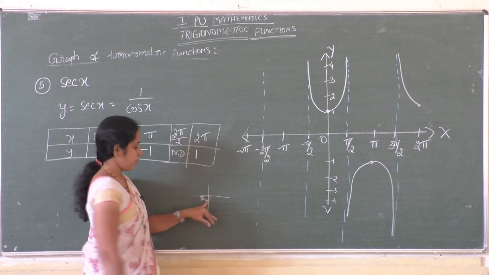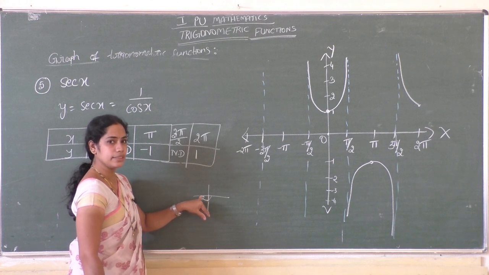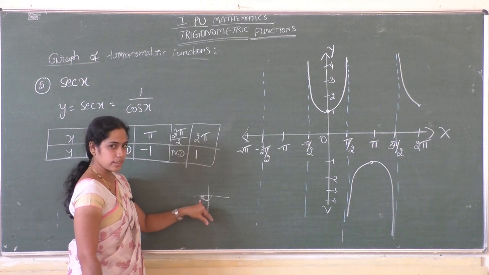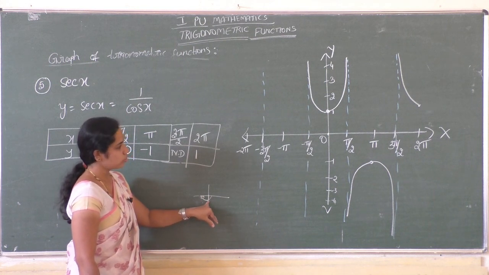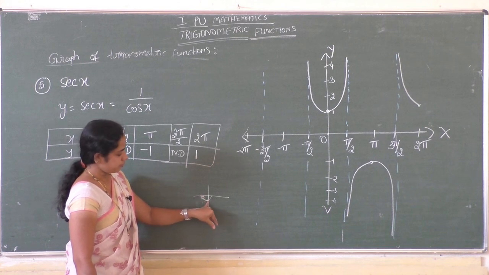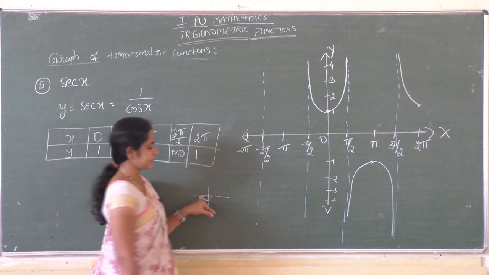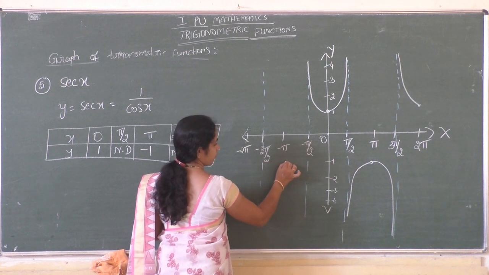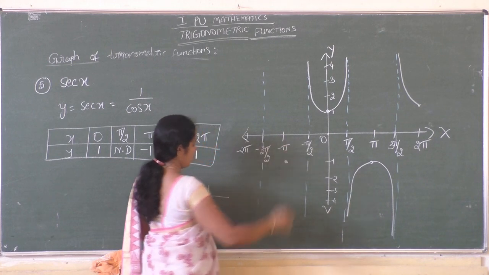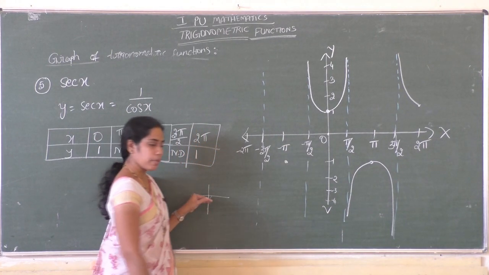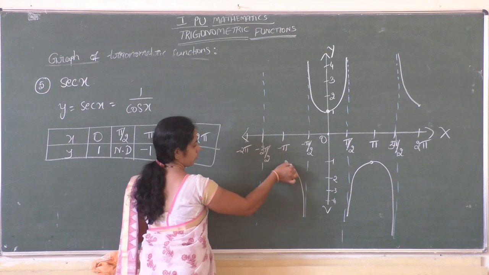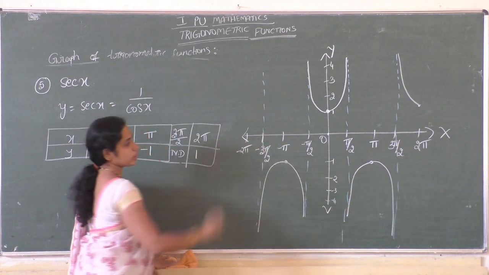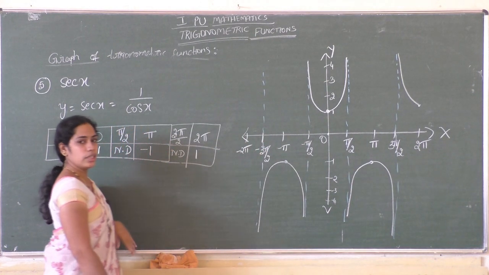Here cos is negative, so the value is negative, and cos of minus pi is minus 1, so like this the same value repeats. Positive side is done correctly, and on the negative side the same values repeat.